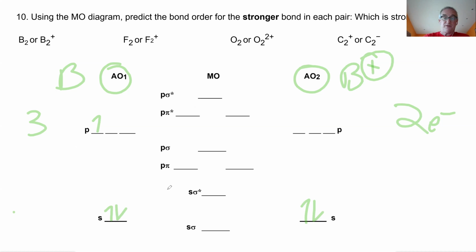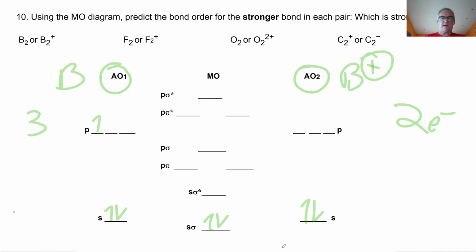So we put the first 2, you're absolutely right, into bonding orbitals, and that's always going to be the case. The bonding orbitals are always going to be more stable, which makes sense. Bonding electrons, getting atoms to bond together is more stable than getting them to fly apart. So they go here. Okay, so we got 1, 2.